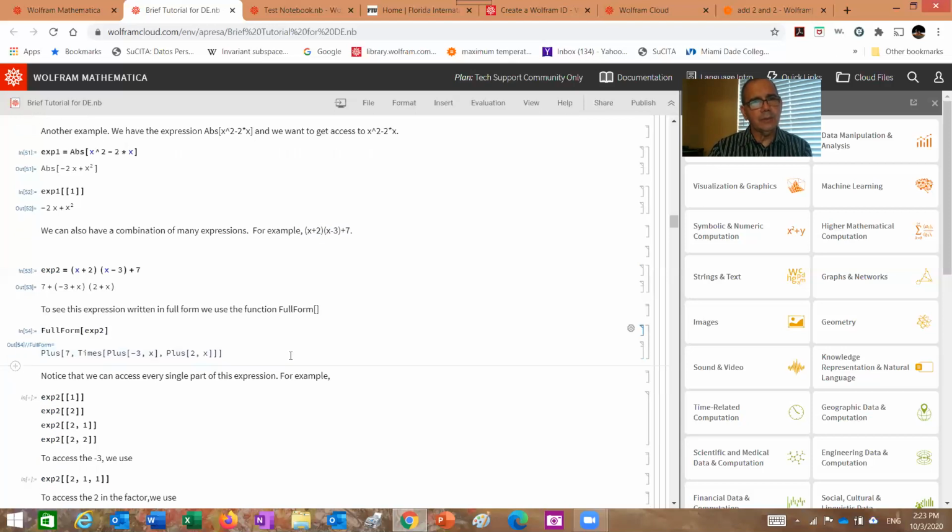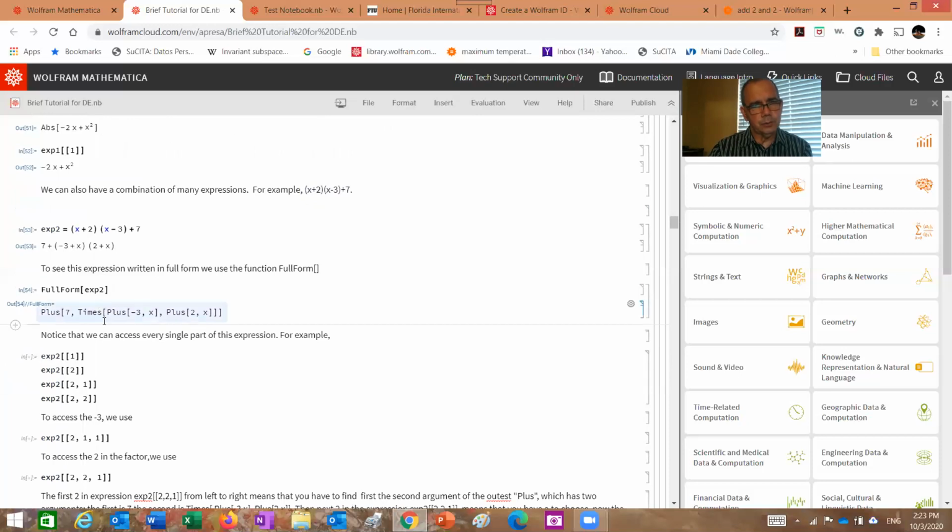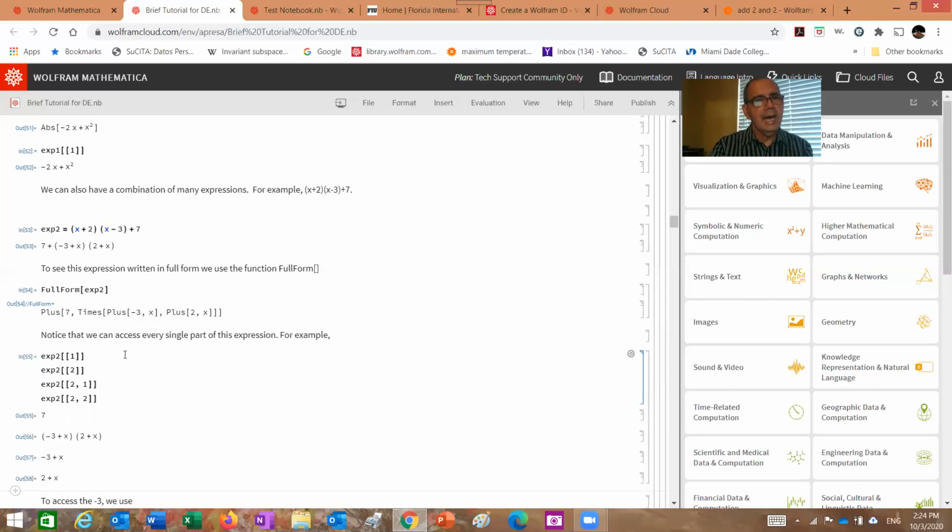And then how can we get the different parts of that expression? If for expression 2 you enter exp2 double bracket 1, this is going to return what? Sorry, I'm doing the 4 inputs at the same time.